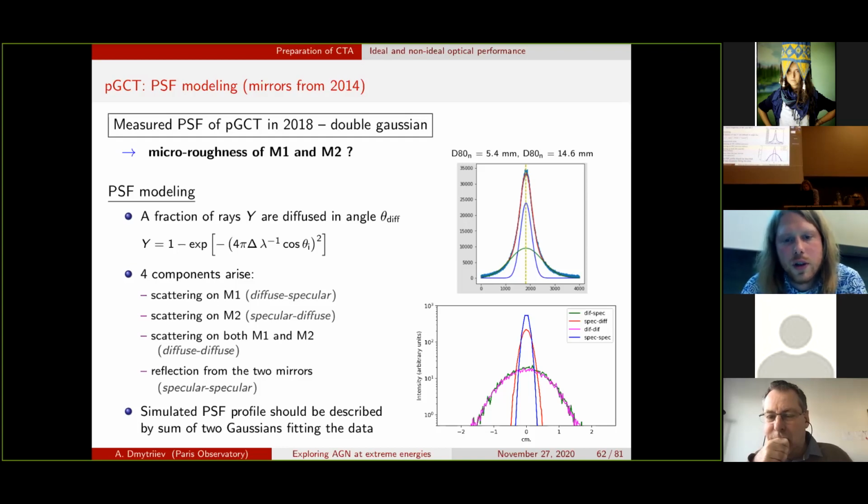So you really improve a lot when you get rid of the specular component, so that you mostly concentrate your light on the pixel rather than on the neighboring ones. If your light enters other pixels, then you have a wrong estimate of the Cherenkov flux.